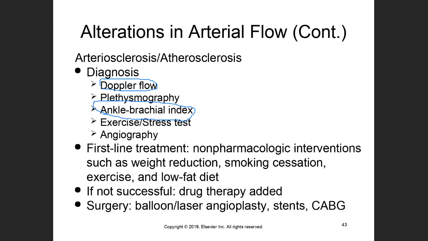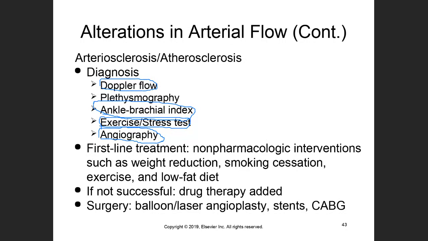Exercise stress test is to see if you have obstruction in the arteries also. Angiography is basically to see all the vessels. You paint all the vessels with one substance and you see all the circulation.